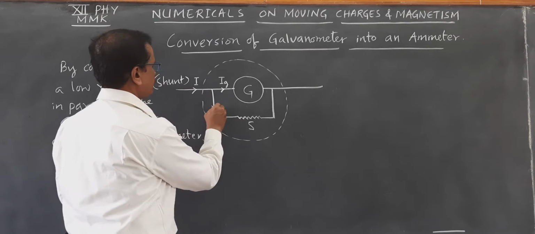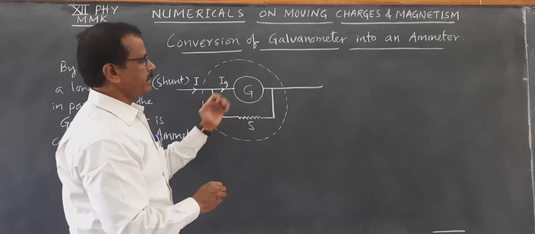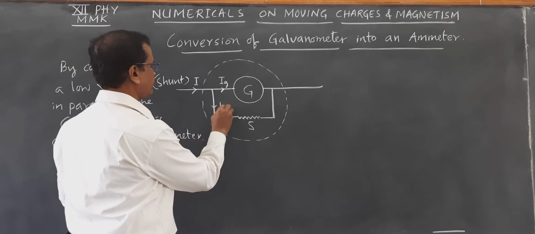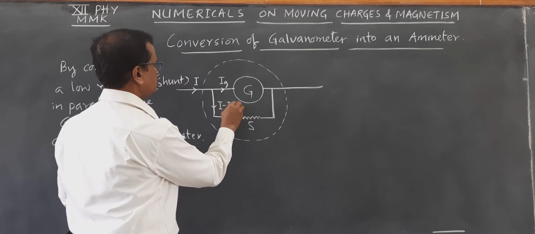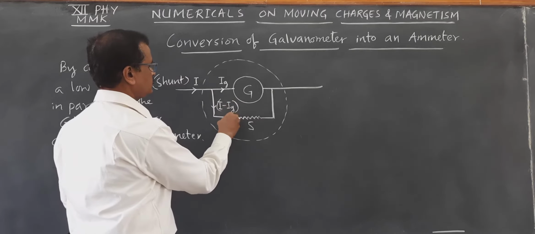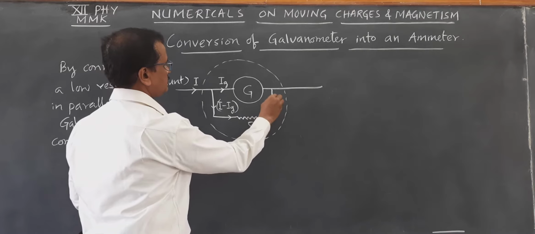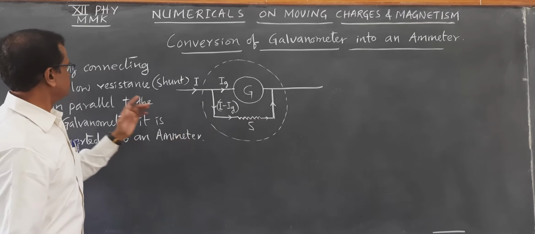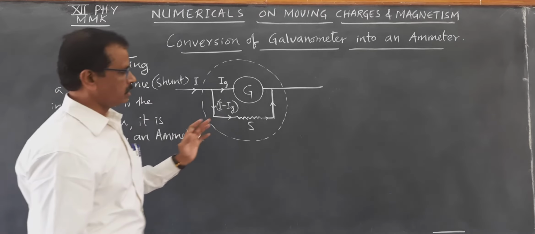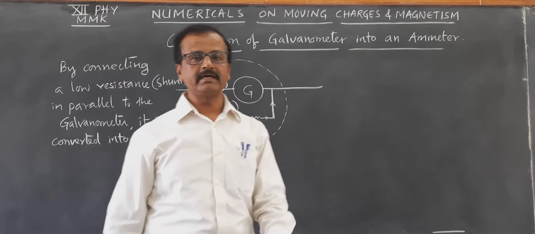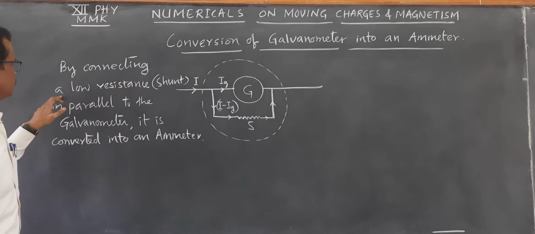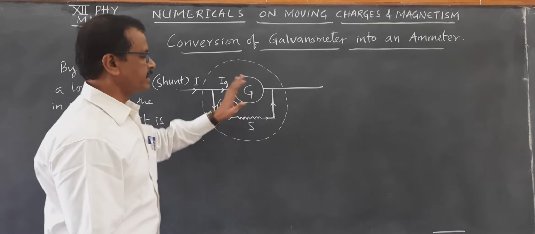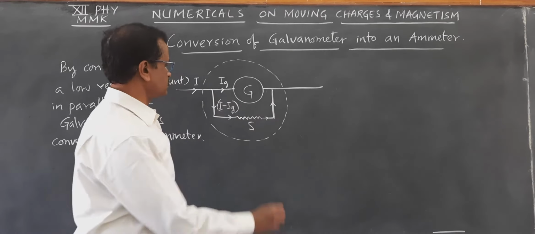So Ig is the small current that is allowed by the galvanometer. The remaining current, I minus Ig, must flow through the shunt resistance. The shunt resistance, which is connected in parallel, is a very low resistance. A low resistance connected in parallel with the galvanometer is called a shunt resistance.